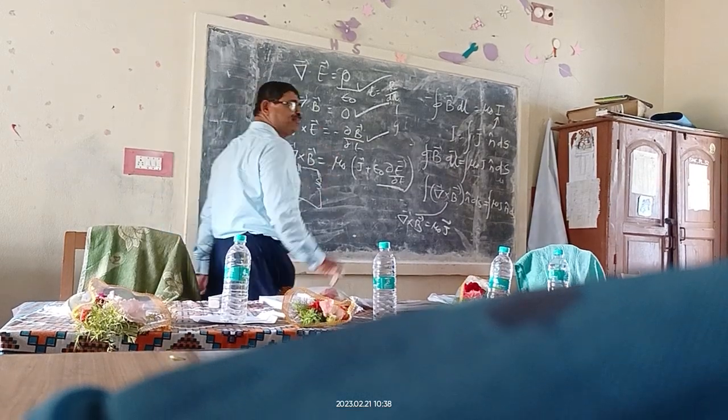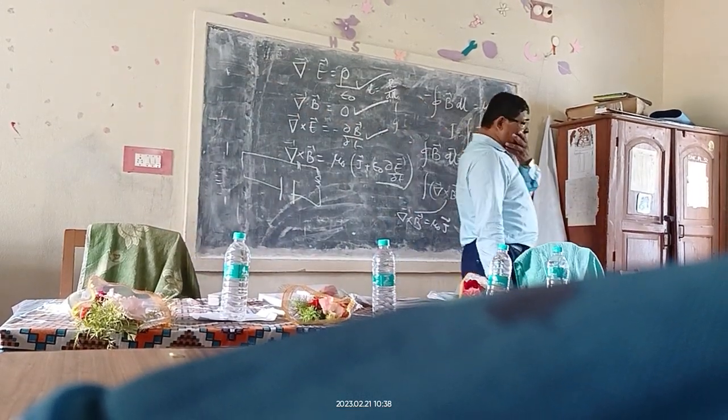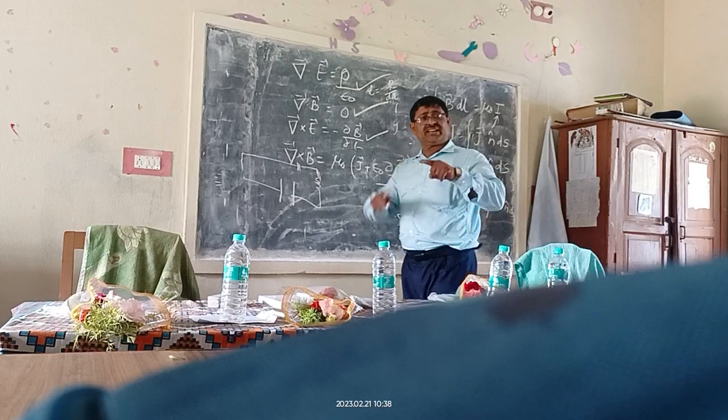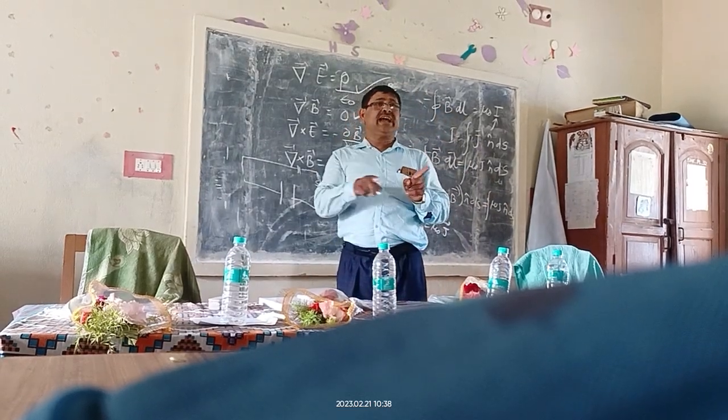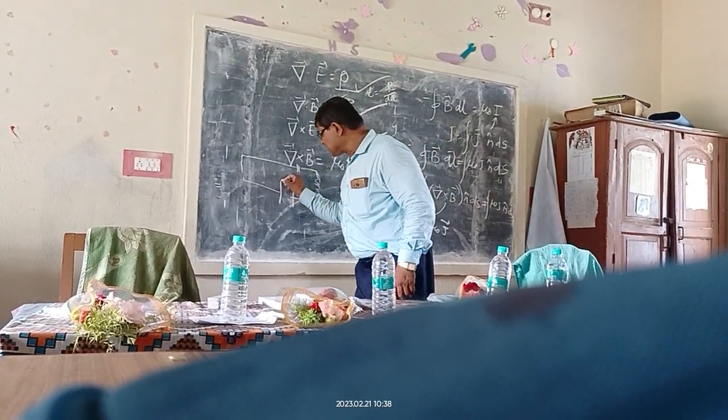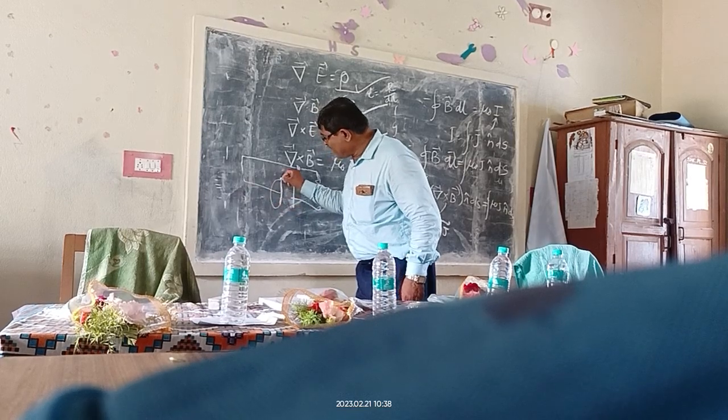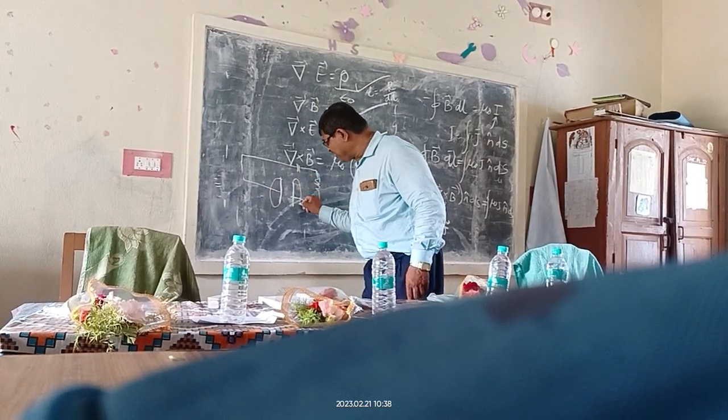The capacitor has a surface area. This is the surface area of one side, and this is the surface area of the other side.